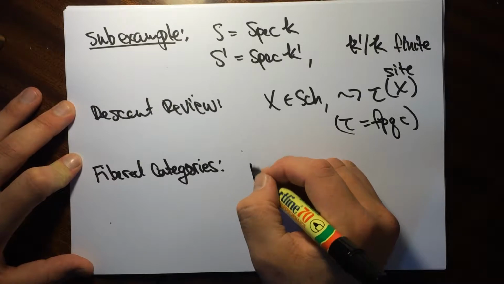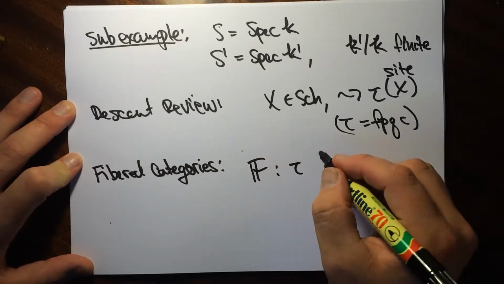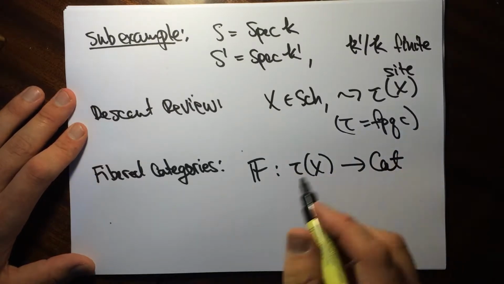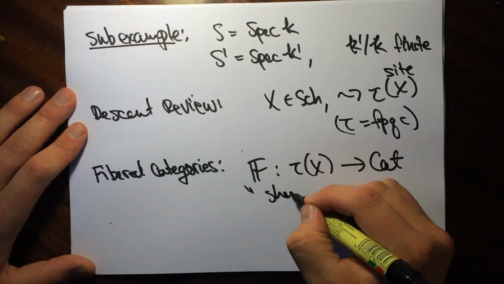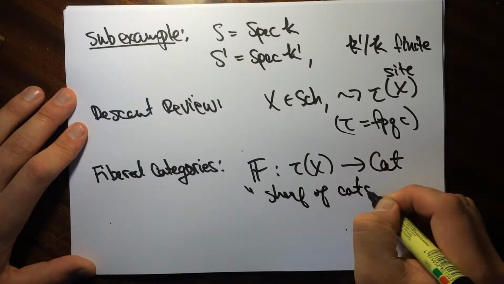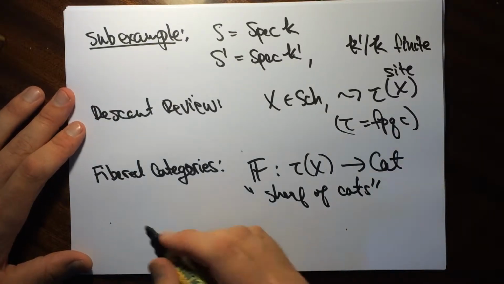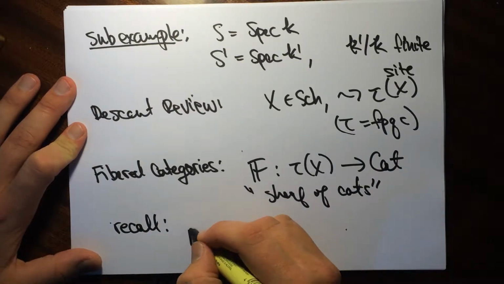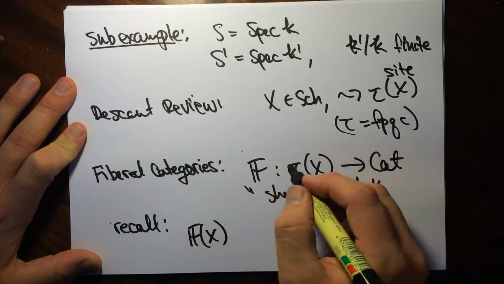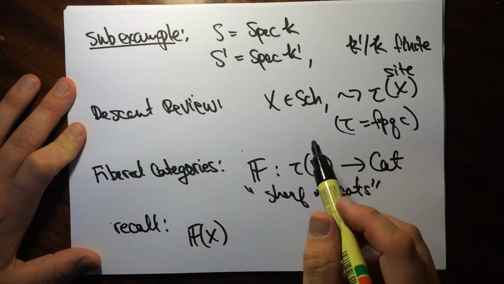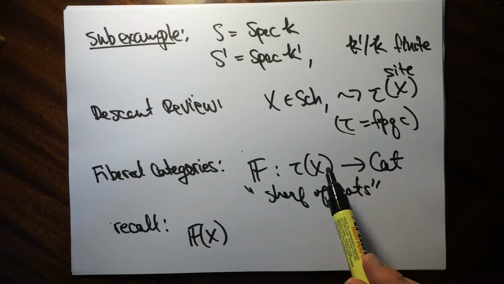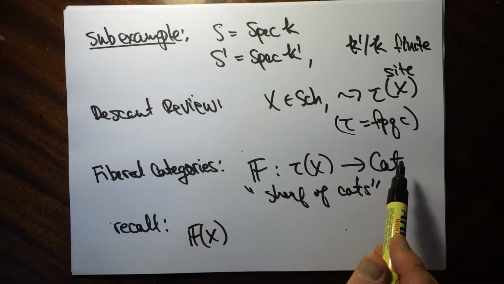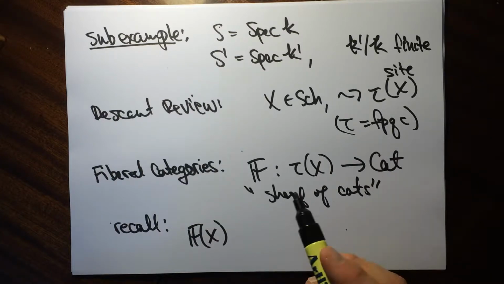Fibered categories F from the site of X to the category of categories. And remember, this is like a sheaf of categories. And we recall that there's going to be a functor: for each covering in here, for each element of a covering, we can associate a certain category. So like to open sets, we can associate the category of quasi-coherent sheaves over that open set.